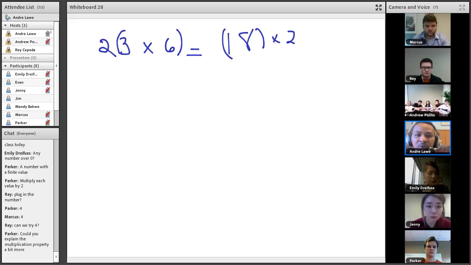In other words, if we do the same to both sides, we should still end up with both sides of the equation being equal to each other.